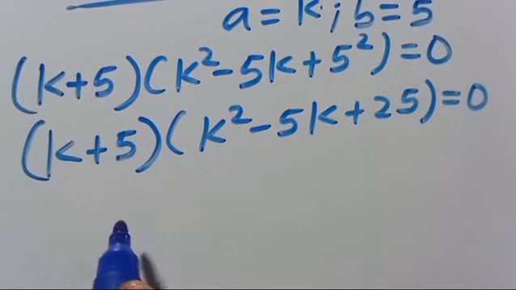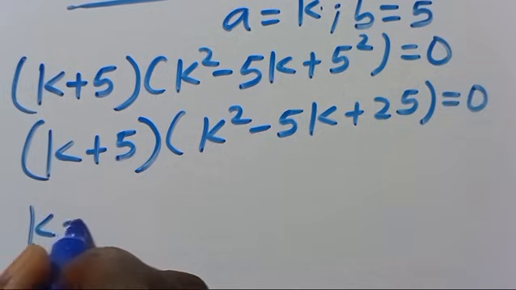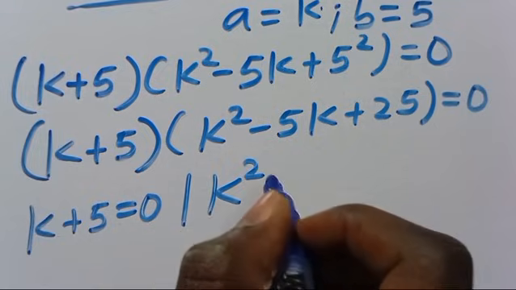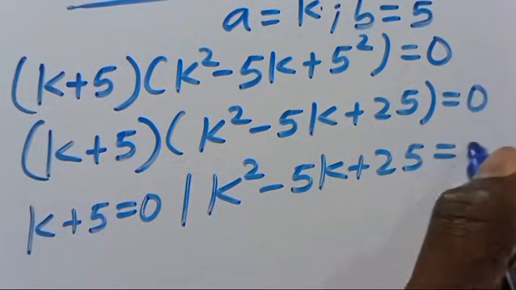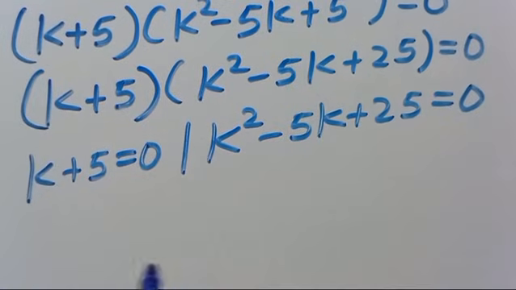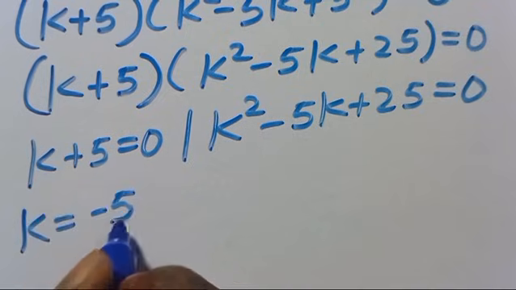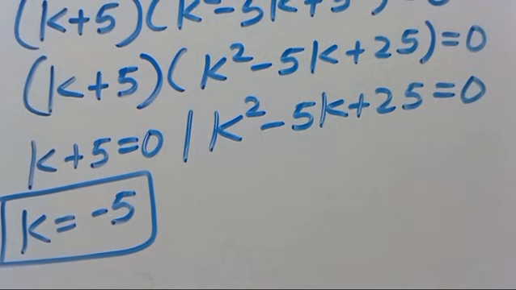So now for this expression to be equal 0, it's either we have k plus 5 equals 0, or we have k square minus 5k plus 25 to be equals 0. Now from here, we have k to be equals minus 5. That is another second solution.